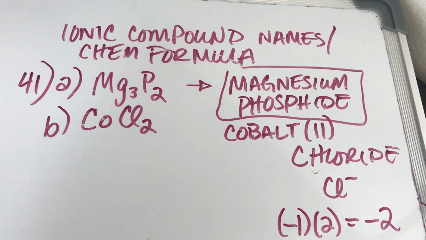Does that just take the fact that there was a 2 there and use that, or does that not always work? It doesn't always work. It works in this case because the charge is a multiple of 1. But if you had a -2 charge or a -3 charge, then it doesn't work.